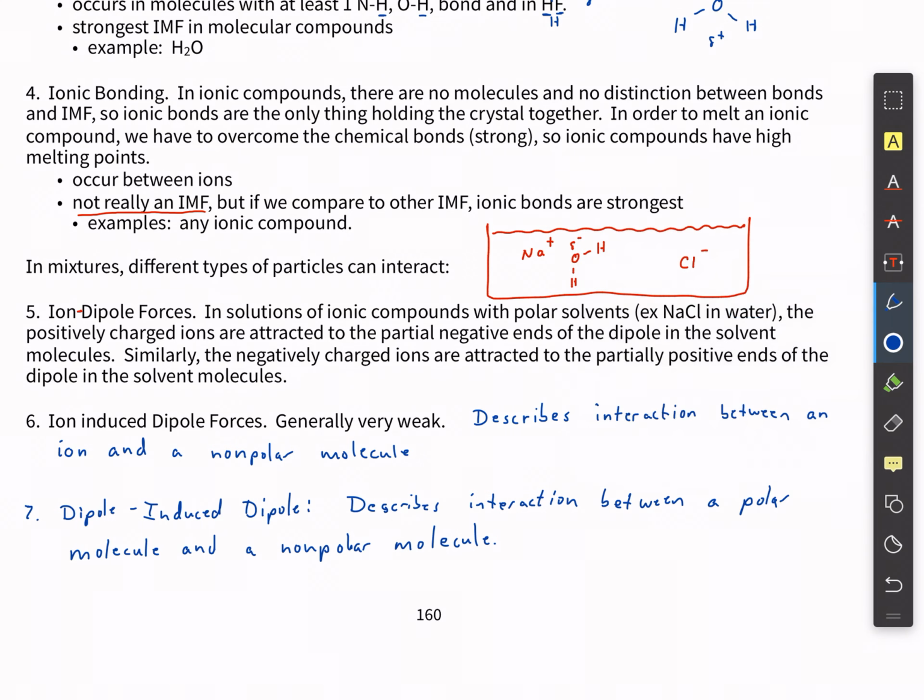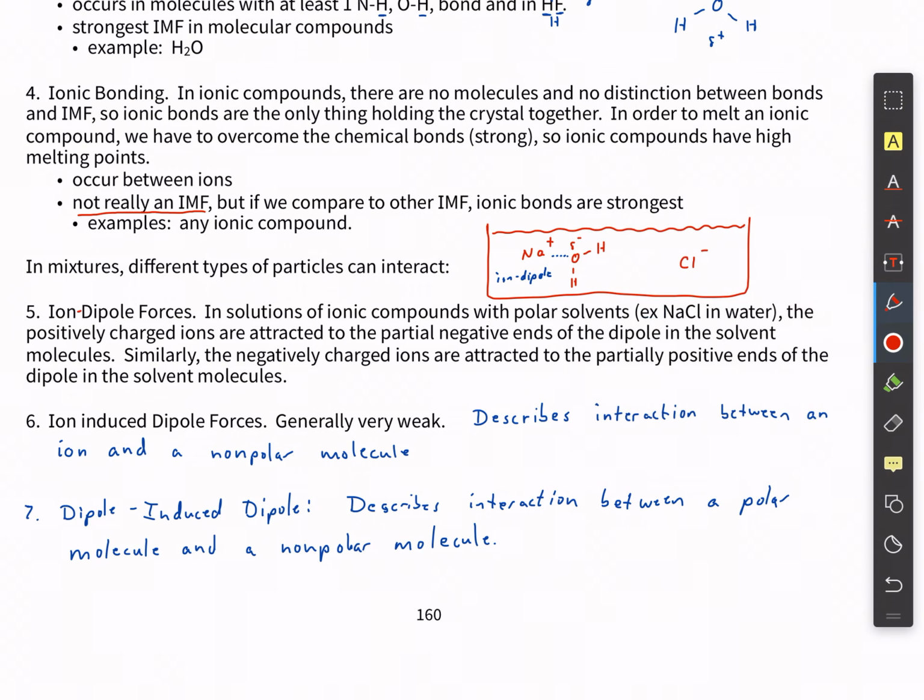I'll switch back to blue here. This dotted blue line between the positive sodium and the negative oxygen is called an ion dipole force. And again, why do we call it that? Well, sodium is an ion and water is a polar molecule, so it forms a dipole. And so it's an interaction between those two things.